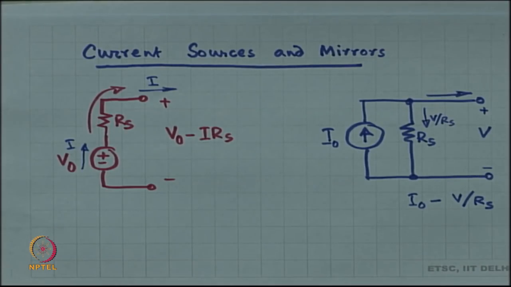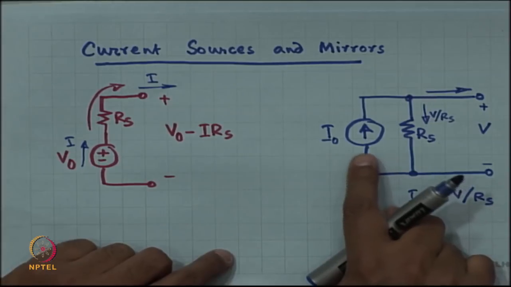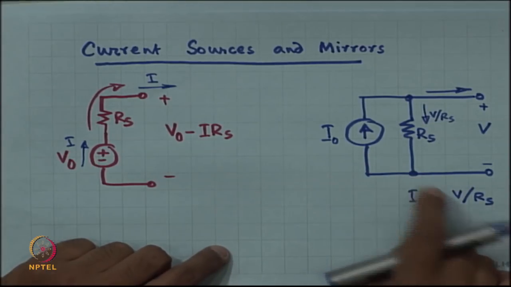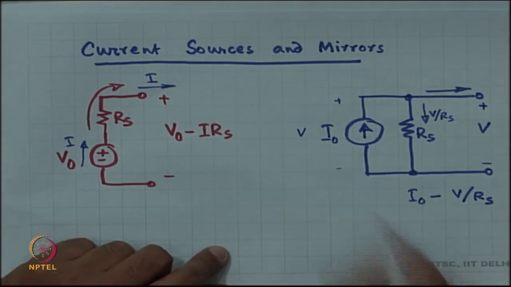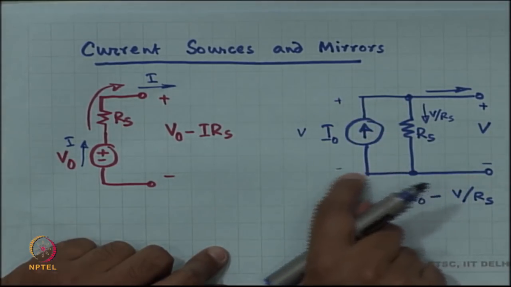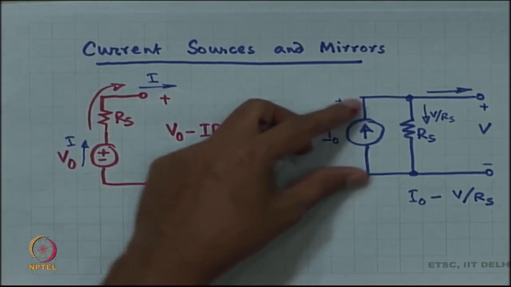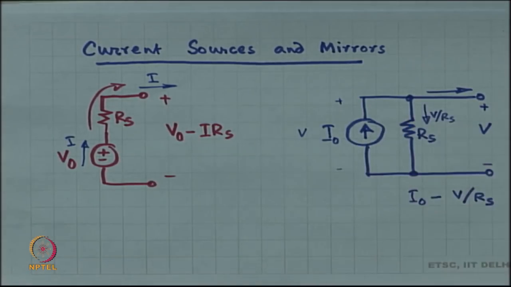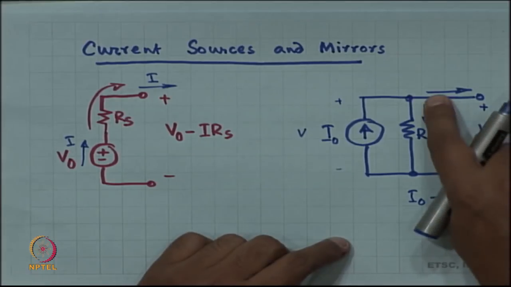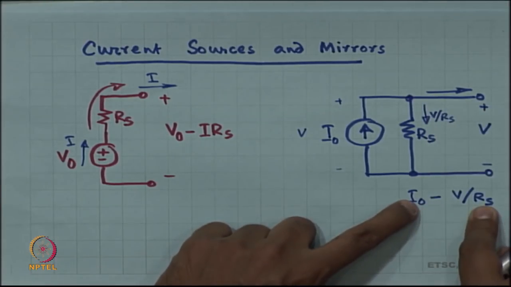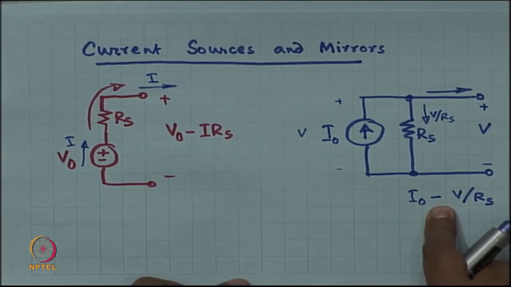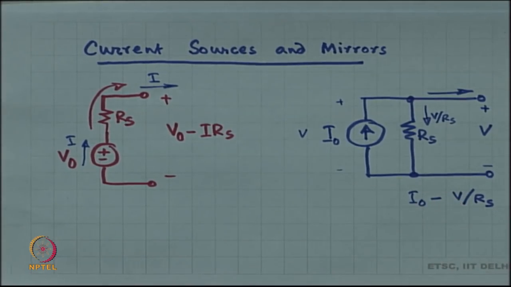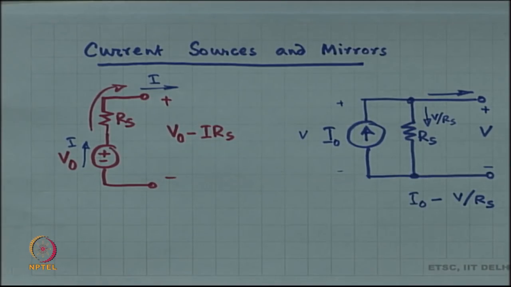Fine. Okay. How about in case of the current source? It tried to generate V times I naught, right, but what it pushed finally into the load is I naught minus V by R s, the whole thing times V. So, V times I naught minus V squared by R s, which is lost in the source impedance.